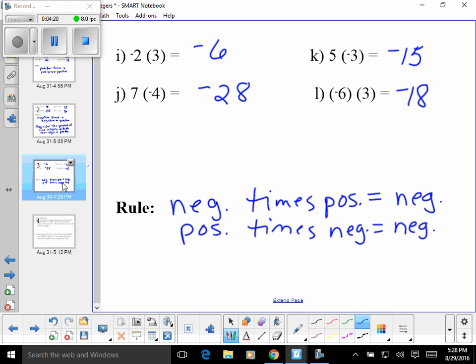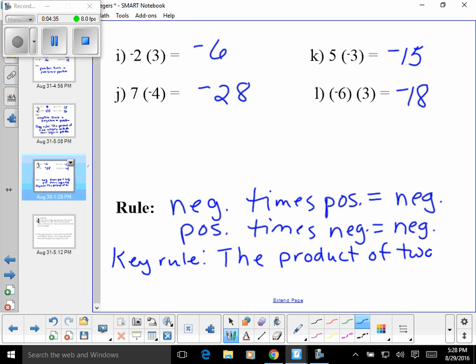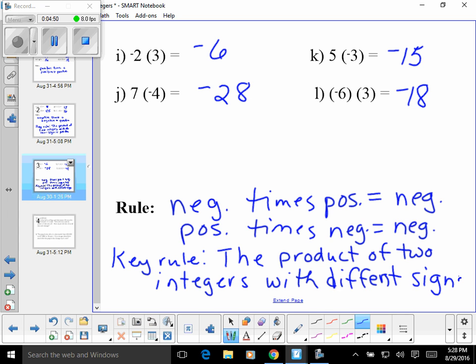We are really dealing with a key rule that says the product of two integers with different signs is negative.